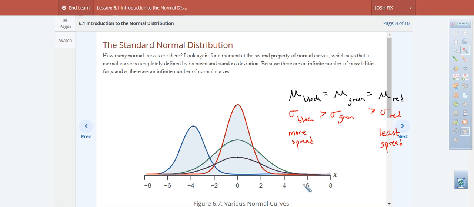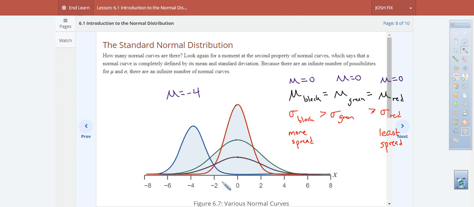Now, if we took the blue graph here and slid it into the conversation, the blue graph has a different mean. The mean of these guys is 0, and the mean of the blue is equal to -4.